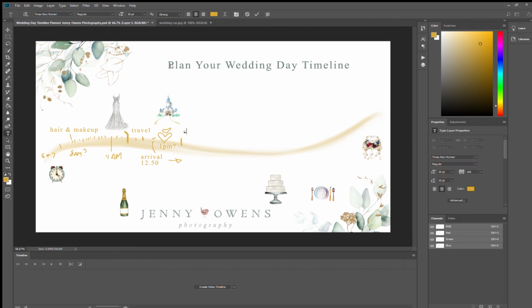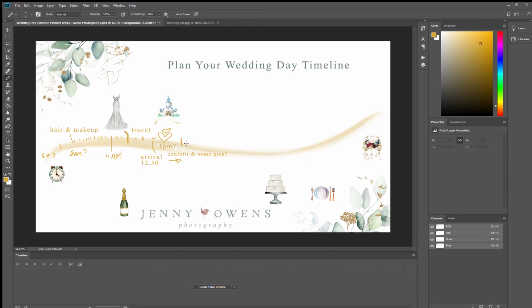I also like to take a few formal photos at the ceremony venue, and you can always take some more of the formal pictures at your reception venue as well. But yes, allocate a few minutes for some formal pictures at your ceremony venue.